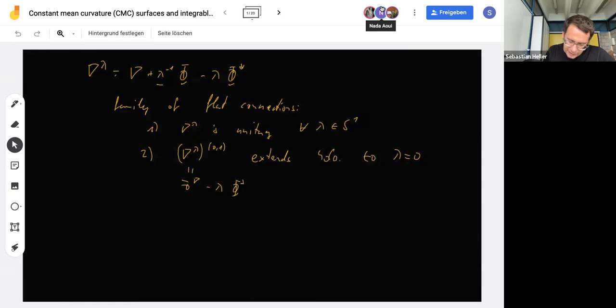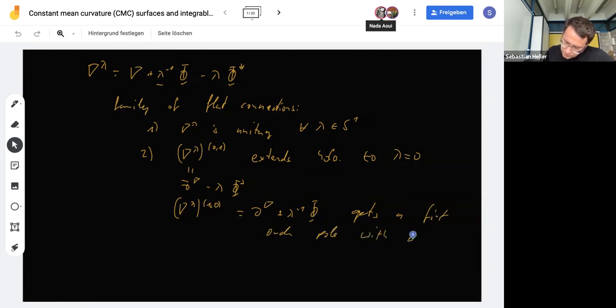But if we do the same thing for the 1-0 part, we get del nabla plus lambda inverse phi, and this gets a first order pole with residue. This is something which is usually called a Higgs field phi, and this phi is nilpotent.